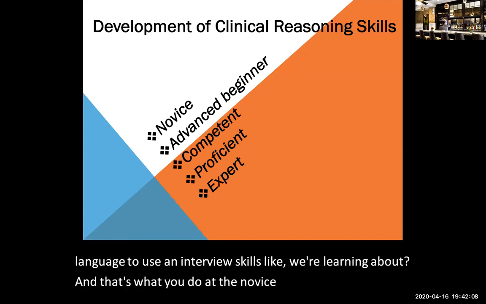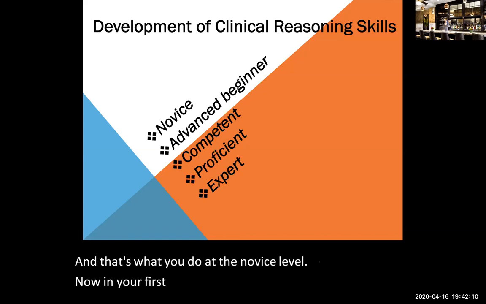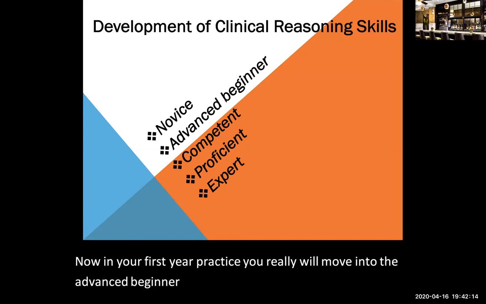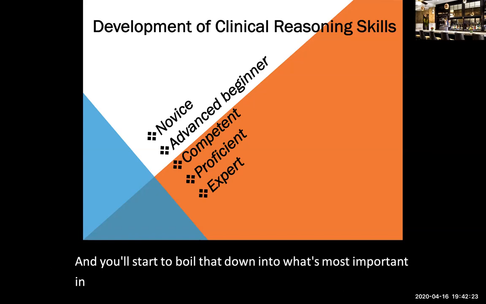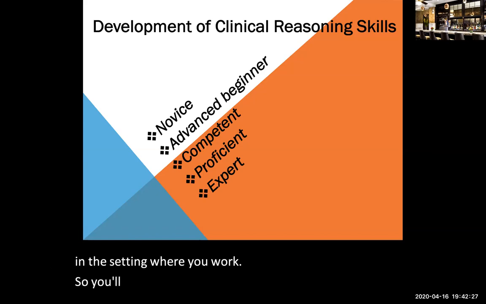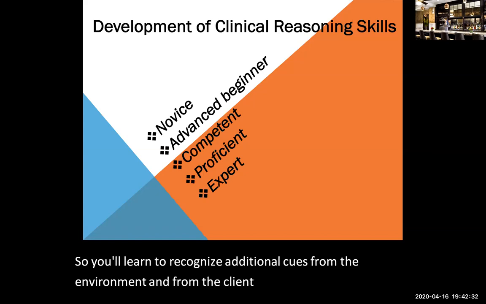Now, in your first year of practice, you really will move into the advanced beginner stage, because you'll have that knowledge from school, and you'll start to boil that down into what's most important in the setting where you work. So you'll learn to recognize additional cues from the environment and from the client and even from caregivers.